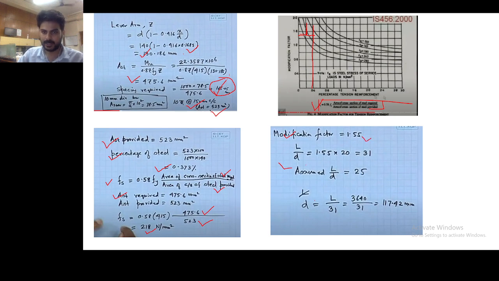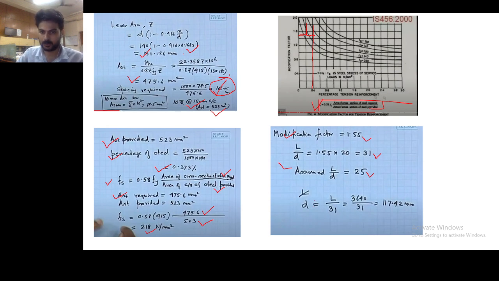So the L by D calculated will be modified by 1.55, so it is coming as 31. Assume L by D was 25, which is less than whatever we calculated. So the assumed was okay to go because we have gone for the conservative approach.